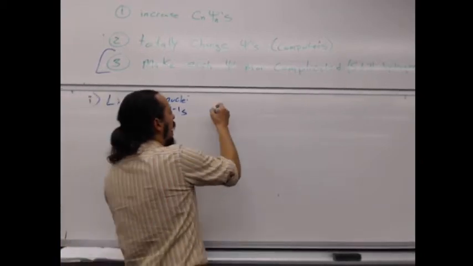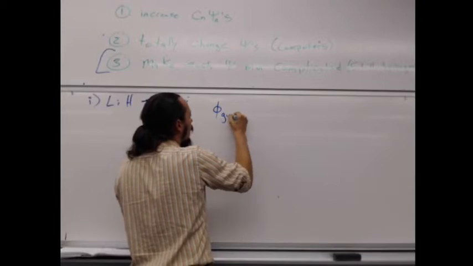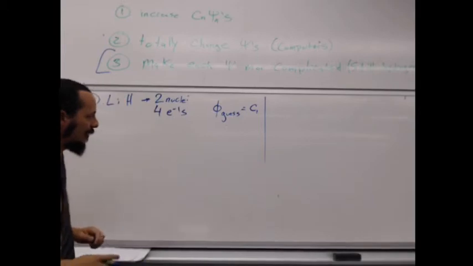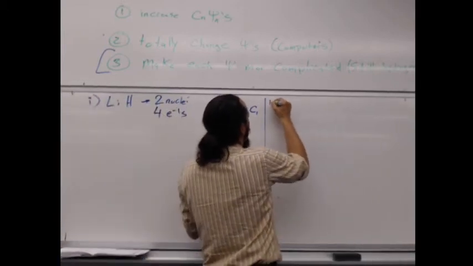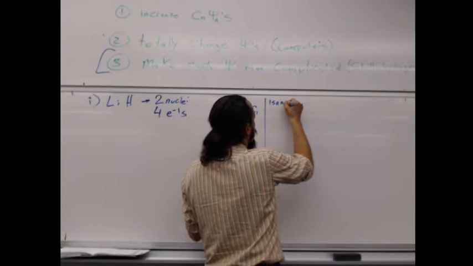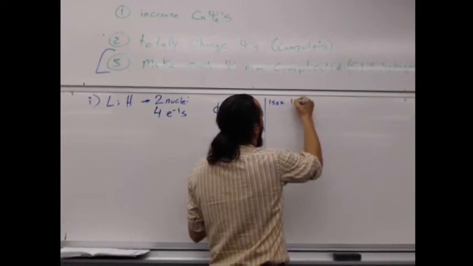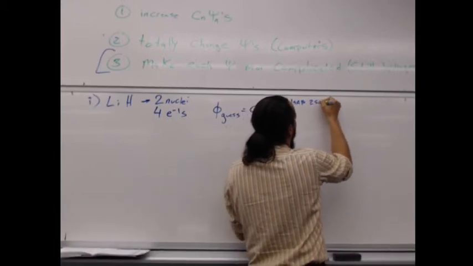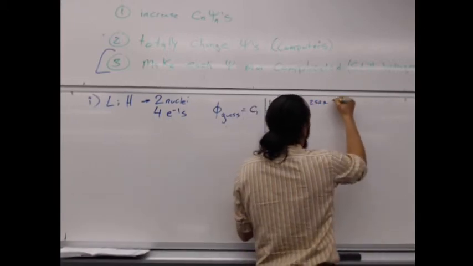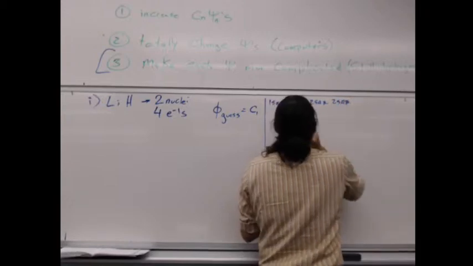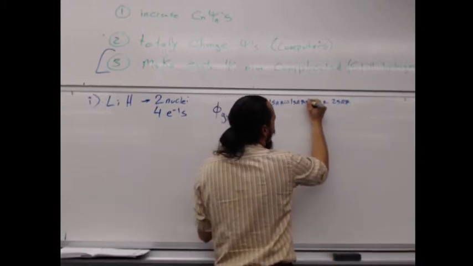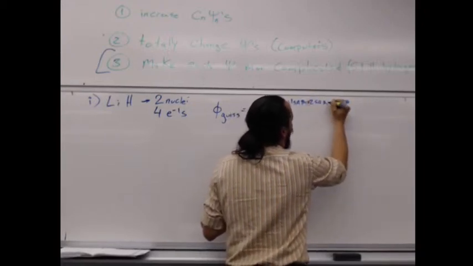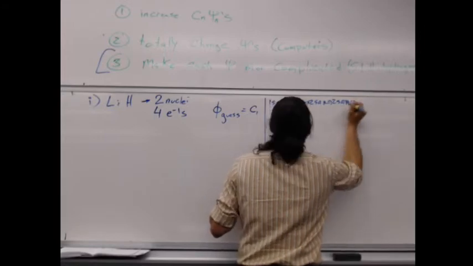In that case, I can make a phi guess. Okay, how much of this do I want? I'll write out some of it. For electron 1, 2, oh wait, let's see. 1, 1, 1.